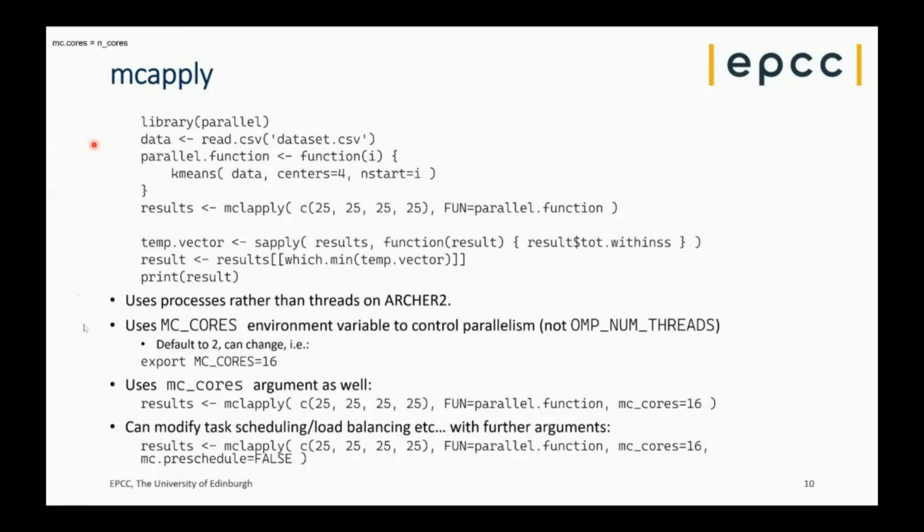We're importing the parallel library, as we can see here. We're reading the data set, we're creating the functions, that's all happening without any parallelization. And then we use this mclapply, which goes off and creates some workers. It'll create 4 workers and run those 4 workers on it.